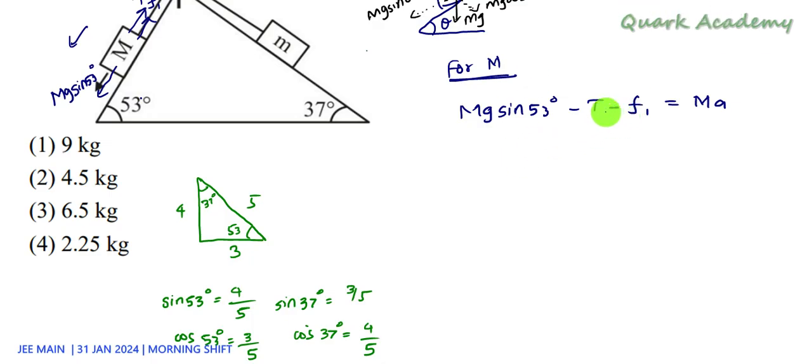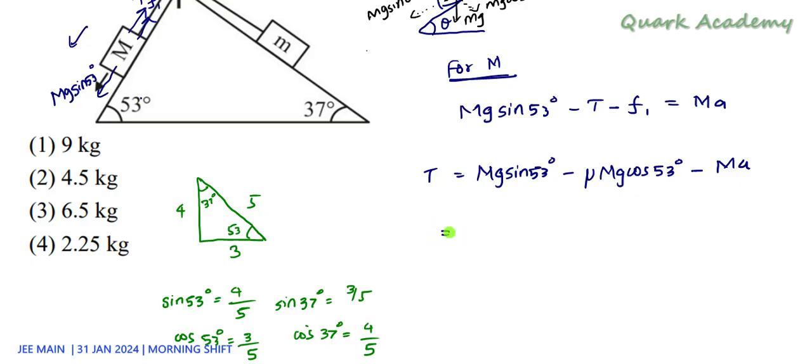Okay, so we can figure out tension if we substitute the rest of the things. I'll keep tension on one side, the rest of the things on the other side. T equals Mg sine 53 minus F. F also we can expand: the frictional force can be written as mu times N, the normal force. The normal force in this case is Mg cos 53 degree, and minus M times a.